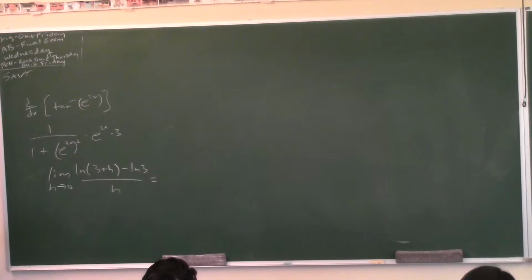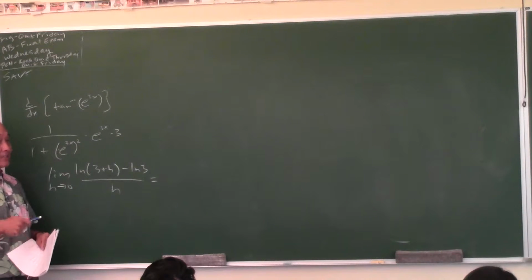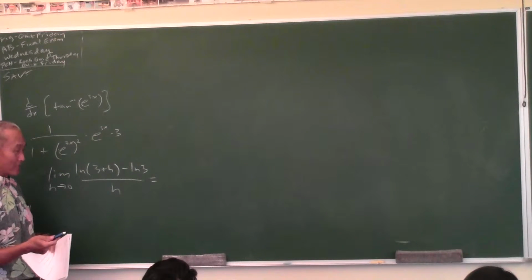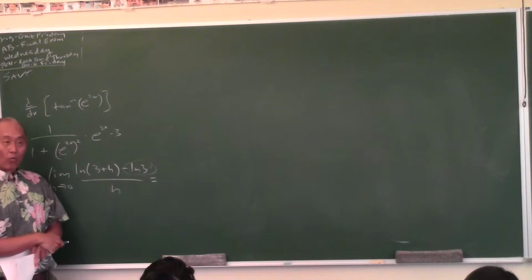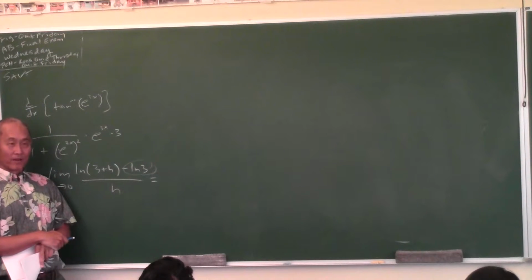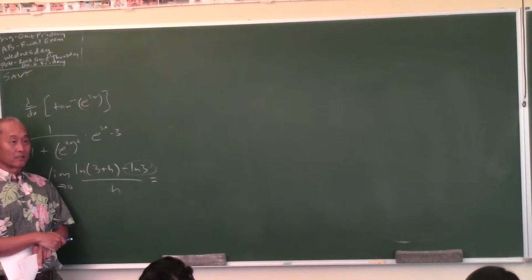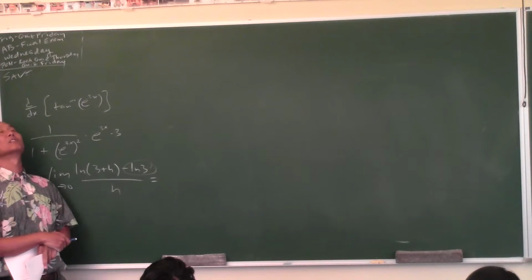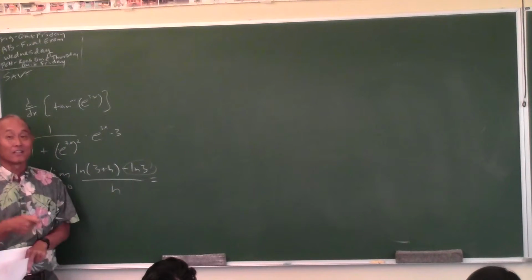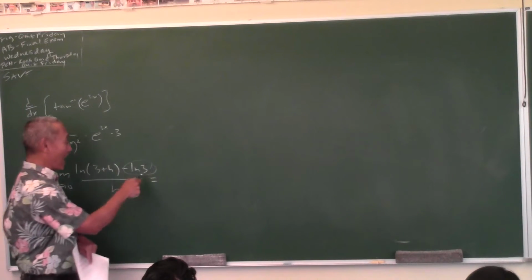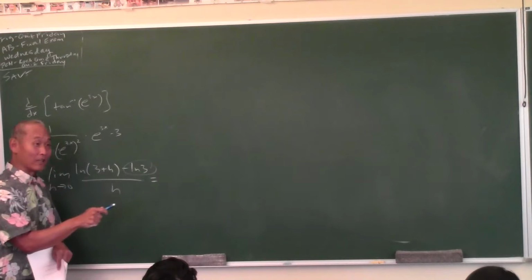Okay, I'll give you a hint. This is the definition of the derivative. So what you have to ask yourself is, what function am I taking the derivative of? You're taking the derivative of natural log x, and then you're plugging in 3.